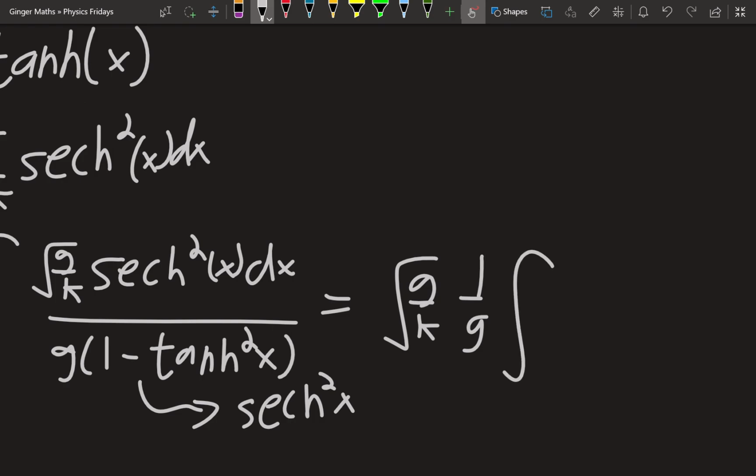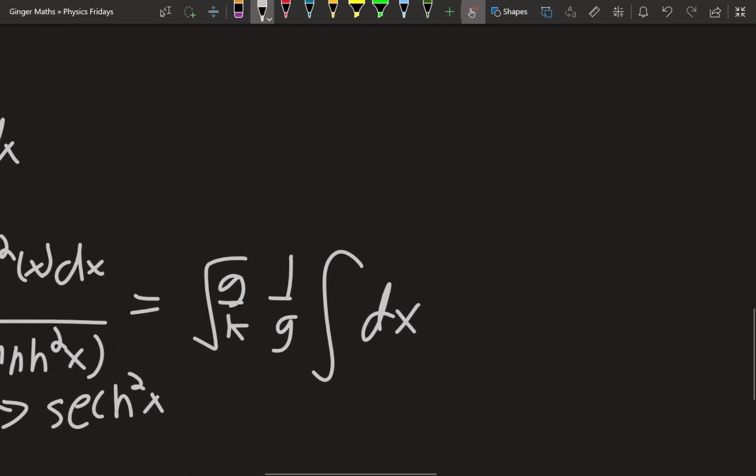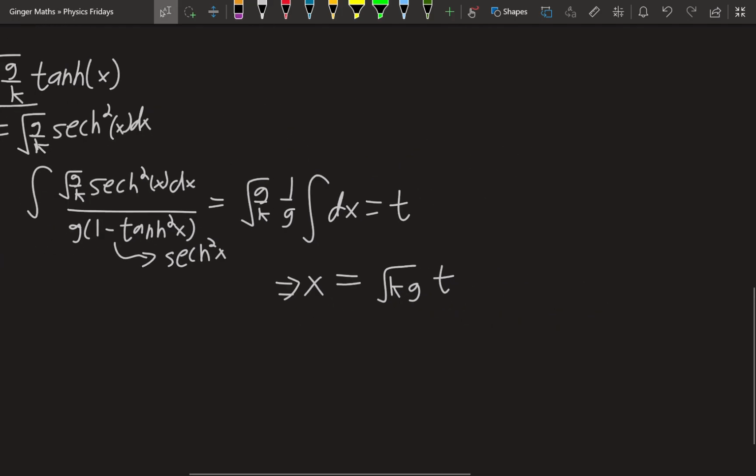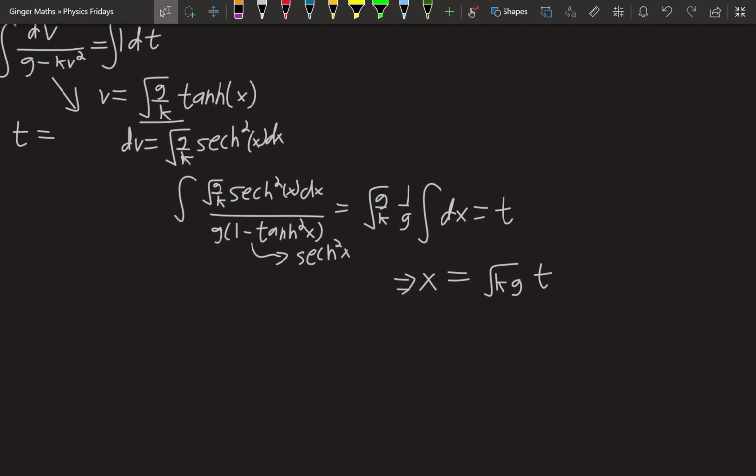And then the secants cancel, so we're really just left with the integral of dx, which is equal to t, meaning that we have x is equal to the square root of kg times t. But one thing you might notice is we kind of need to solve for x, don't we? So let's just do that real quick.